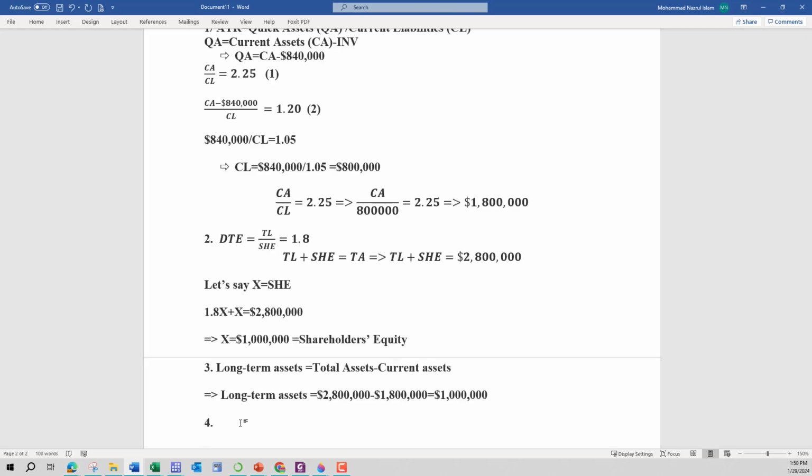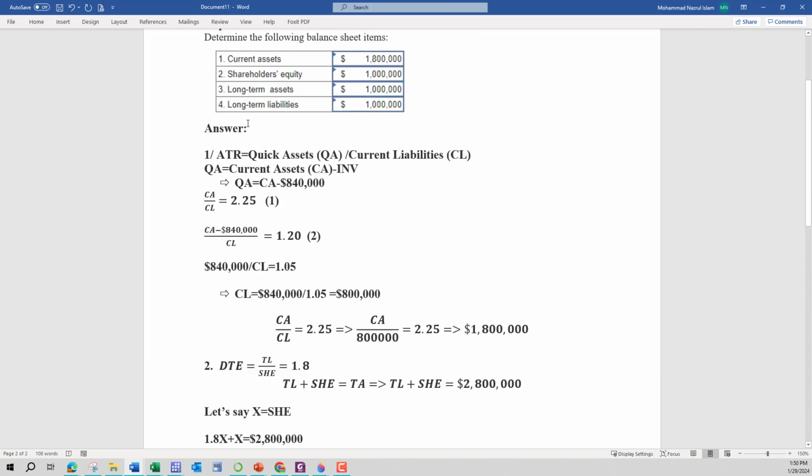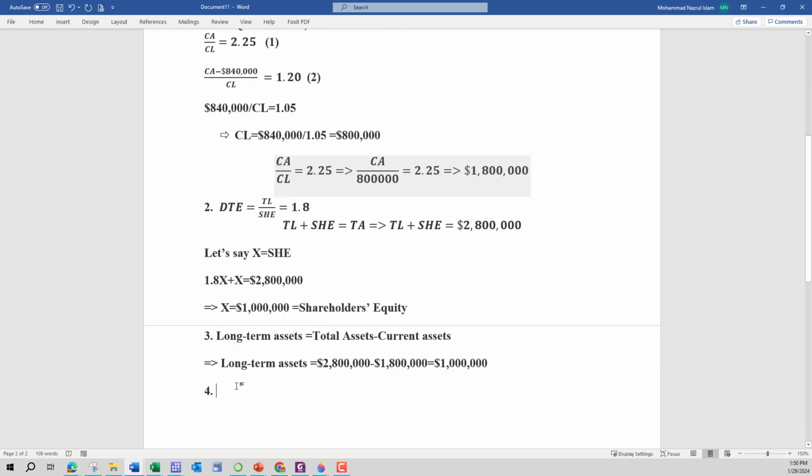And number 4, long-term liabilities. So long-term liabilities is equal to total assets minus current liabilities minus shareholders' equity.